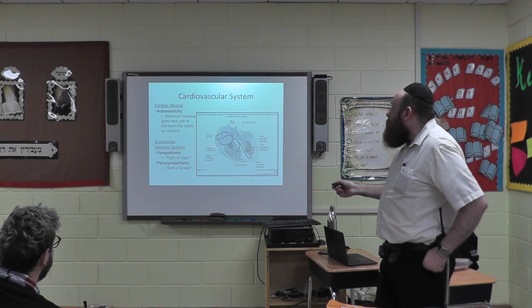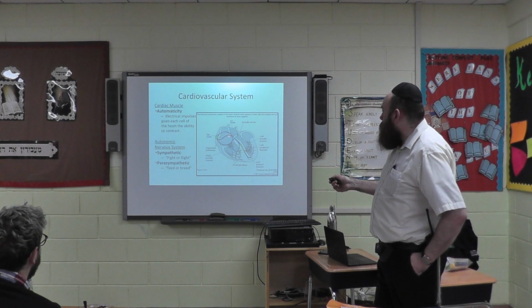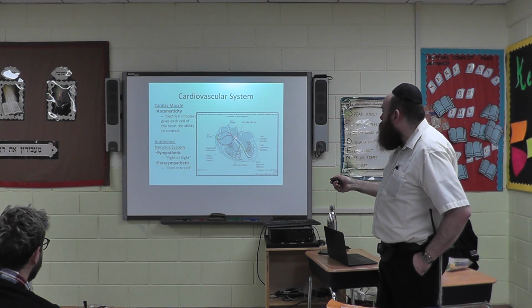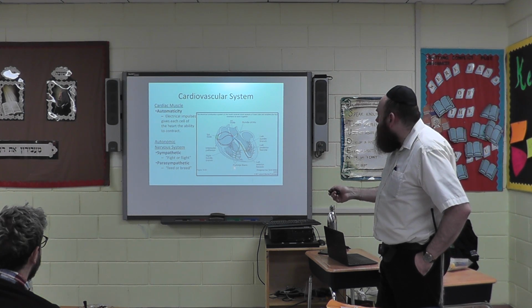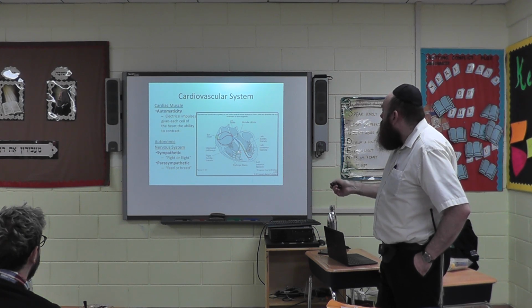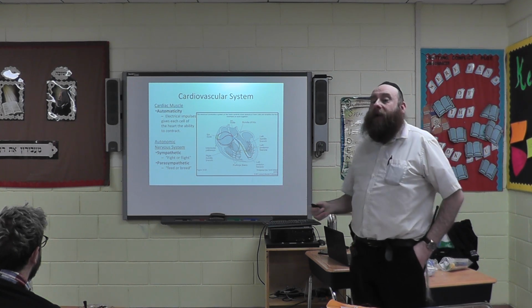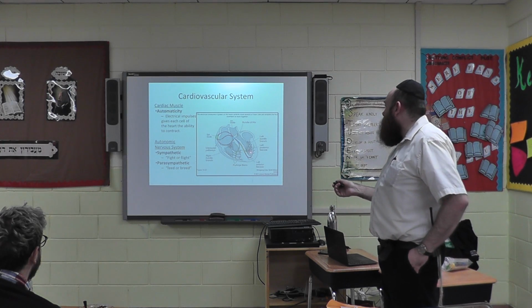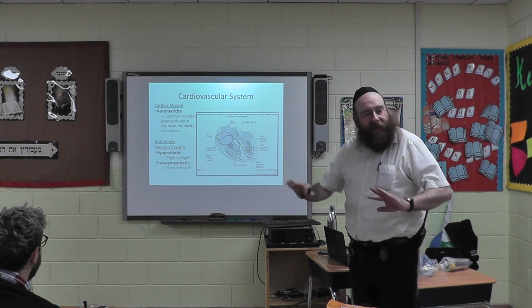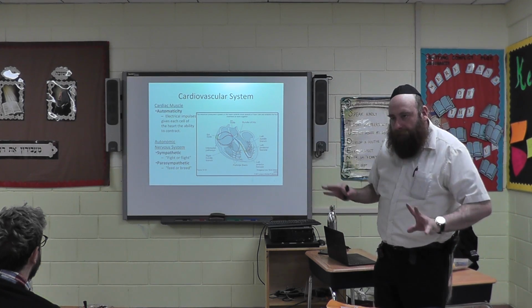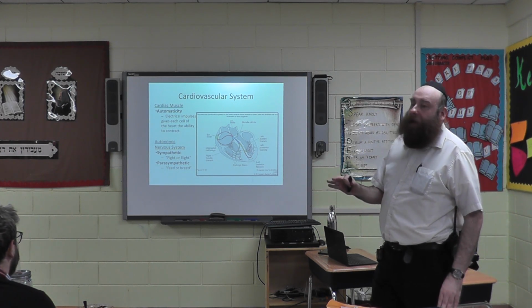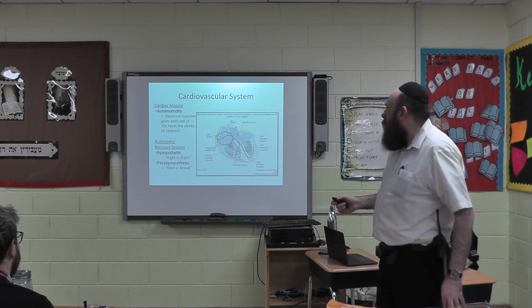Alright? Now, electricity passes through here, through the AV node, or the junction, and then splits into the right and left, and these are known as the Purkinje fibers, or the bundle of His. You won't be tested on this, I'm just giving you a brief introduction into electrophysiology of the heart.